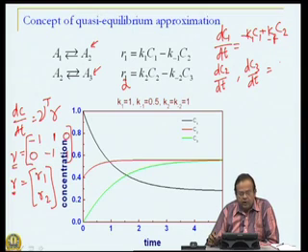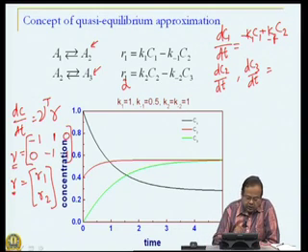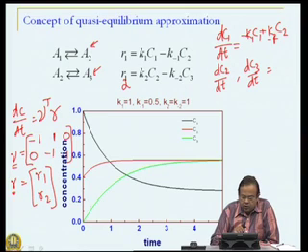and then by assigning suitable initial values of C1, C2, in this particular case I have taken C1 as 1, C2 as 0.4, C3 as 0.